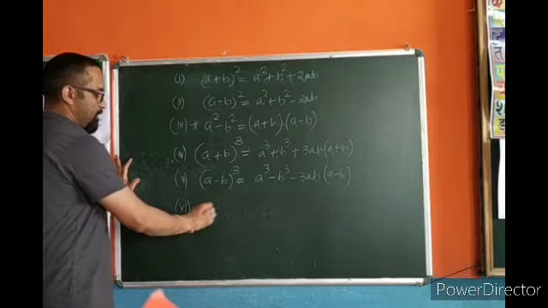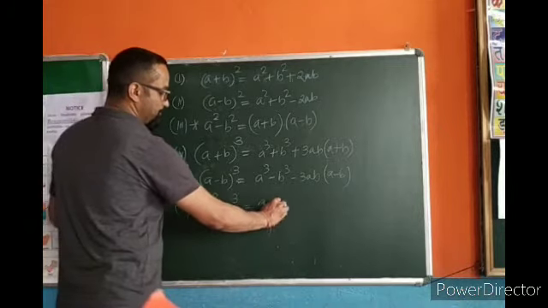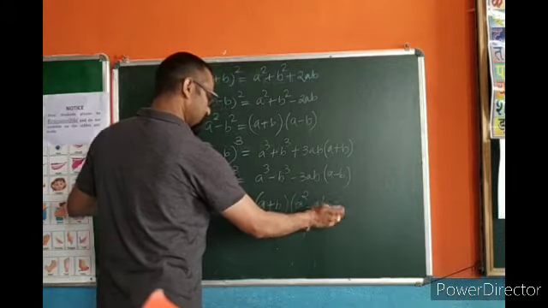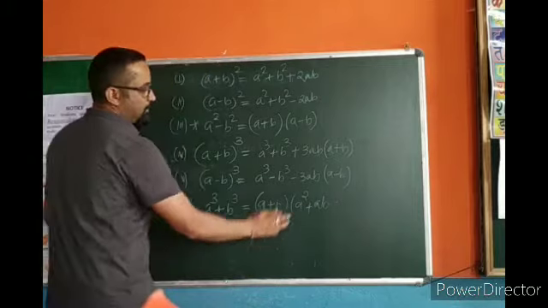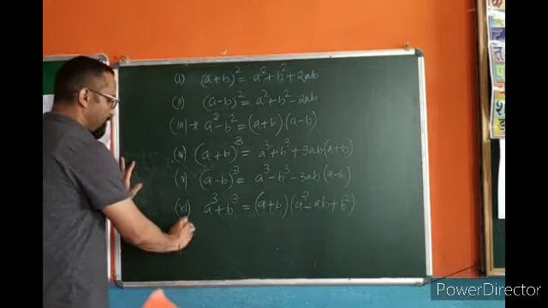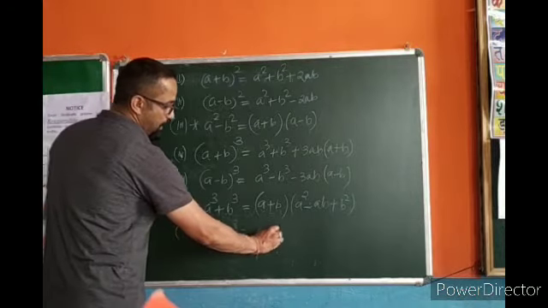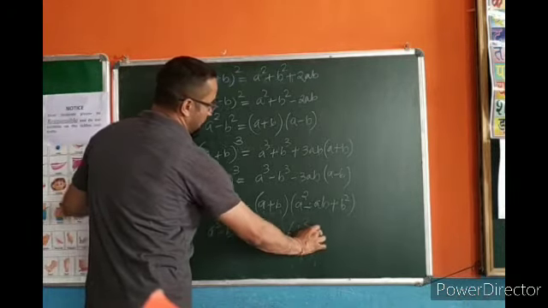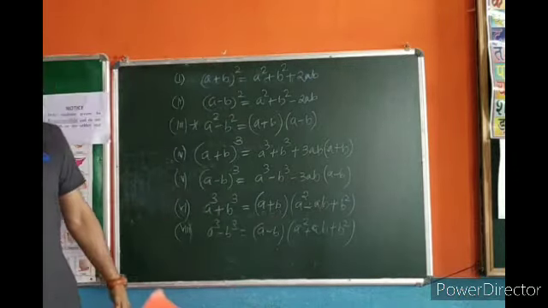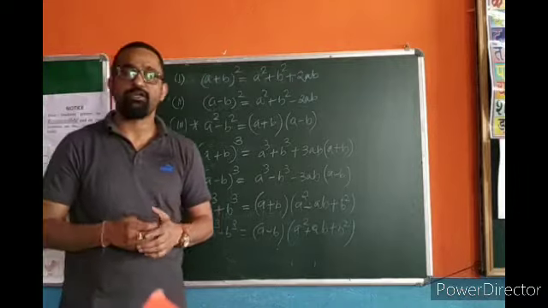Sixth one, a cube plus b cube, a plus b, a squared minus ab plus b squared. And the last one, a cube minus b cube is equal to a minus b, a squared plus ab plus b squared. These are algebraic formulae, and you will be needing all these when you solve sums based on trigonometrical identities.